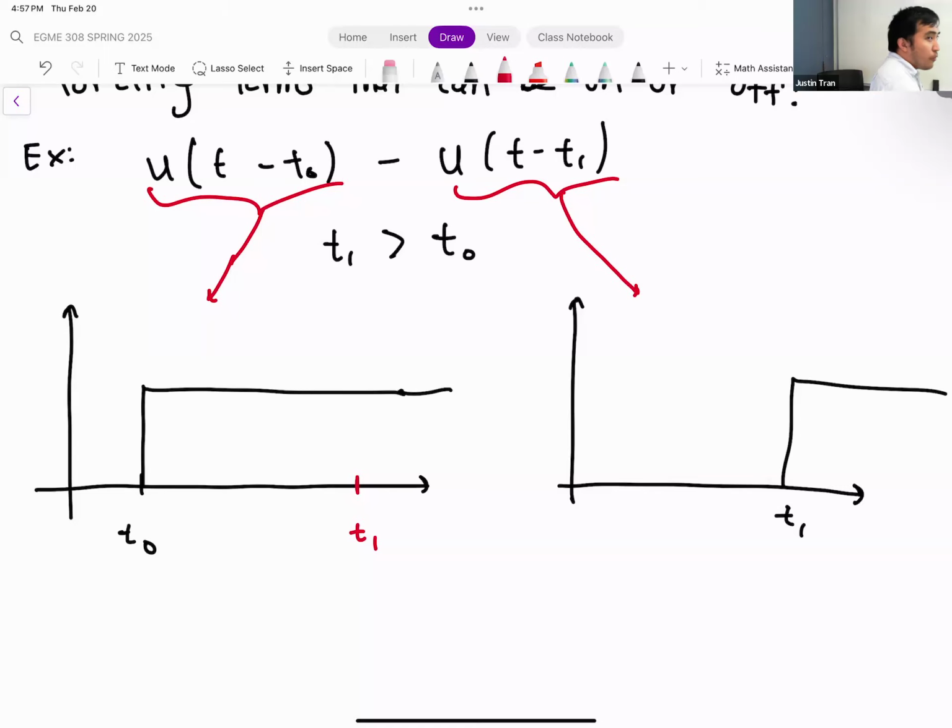Okay, and so if we subtract another step function that occurs at a later time, that's going to take out or eliminate everything beyond that second time. In other words, we're going to have a step down at this time, and then everything on the right here is going to be 0.